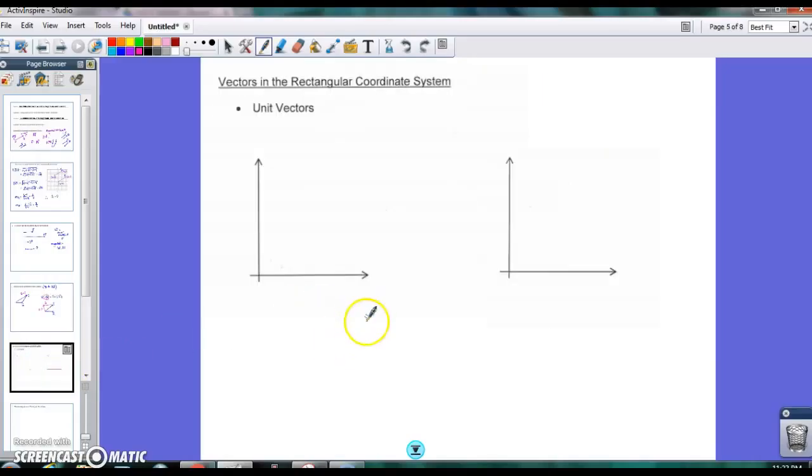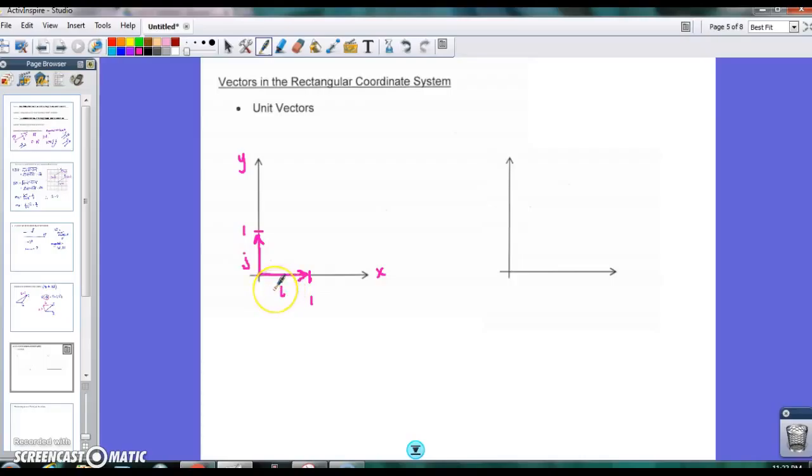Okay, let's talk about vectors in the rectangular coordinate system. We were talking about the rectangular coordinate system when we were talking about polars, but now we're going to talk about it in terms of vectors. So if this is 1 right here, and here's 1, this is your x-axis, this is your y-axis, then this unit here along your x, that is the unit i, and then your 1 unit along the y-axis is j.